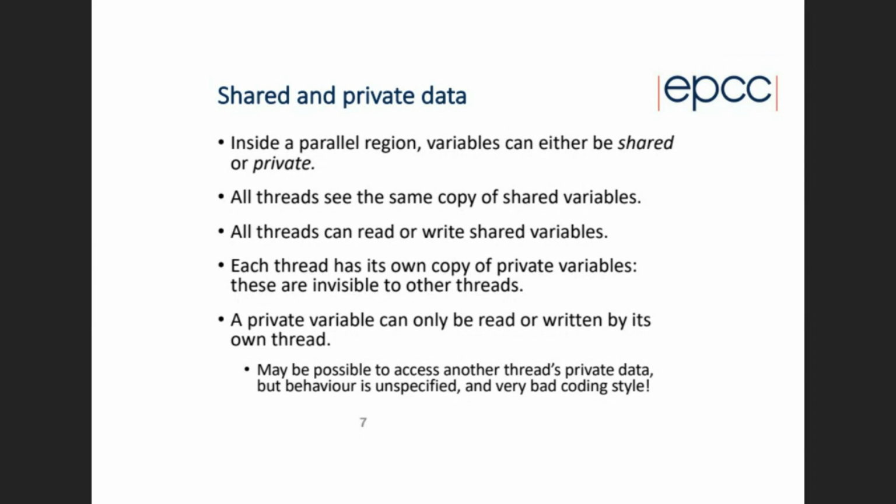For example, especially in C or C++, if you take a pointer to a private variable and put the value of that pointer into a shared variable, then some other thread can read the value of that pointer and try to access that memory.